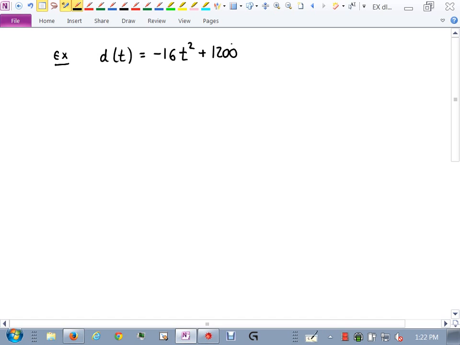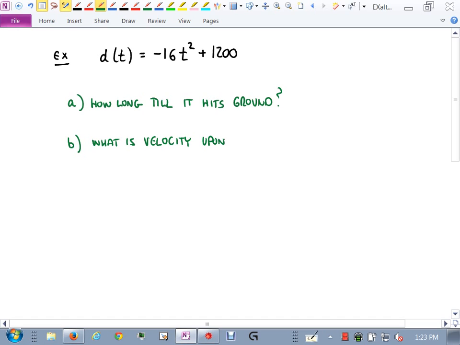Here's the question. There's a couple of questions. A, how long till it hits the ground? B, what is the velocity upon impact?